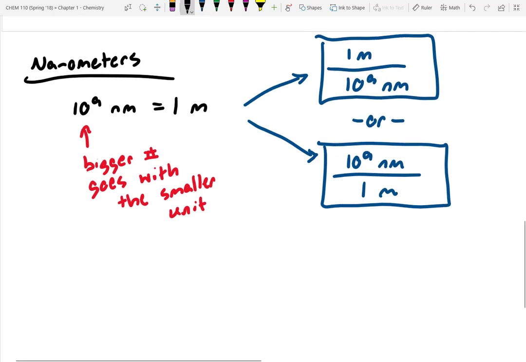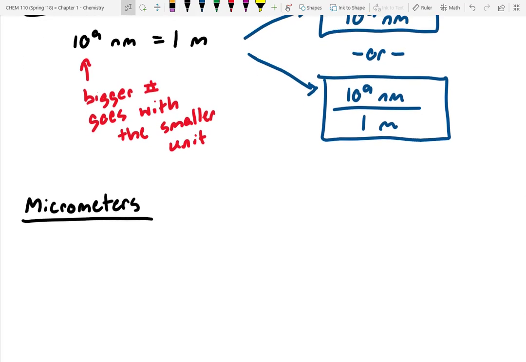Alternatively, you can do this with micrometers. All right, with the micrometer, it's going to be 10 to the something I'll have you guys help me out with this. Equals 1 meter. What should the unit be for that question mark? Or what number should it be? 6, right?